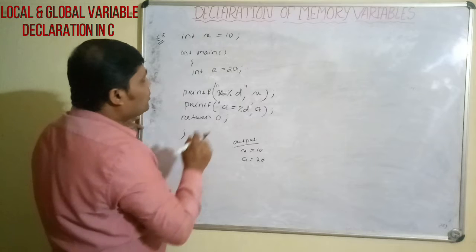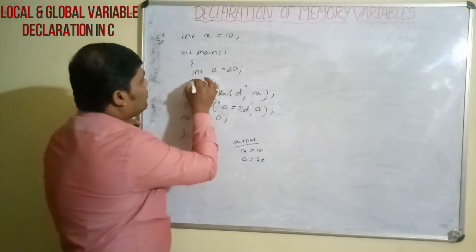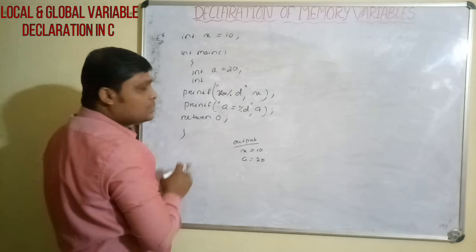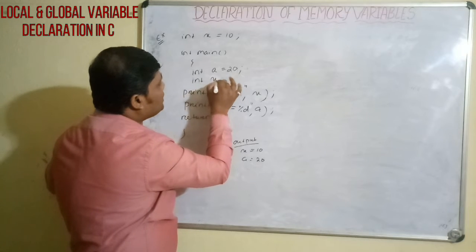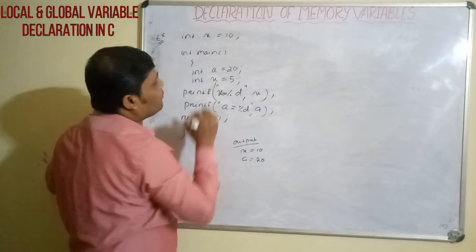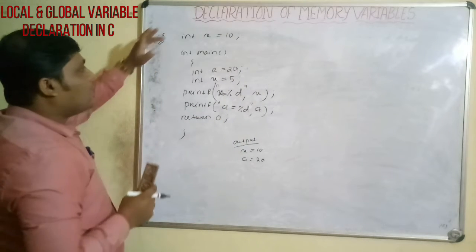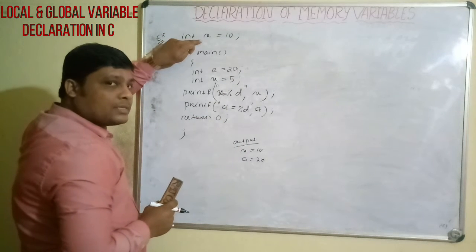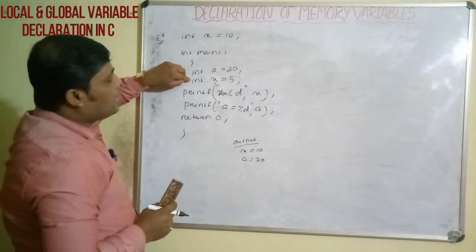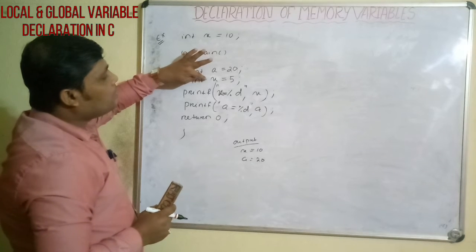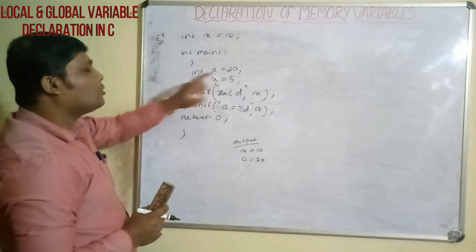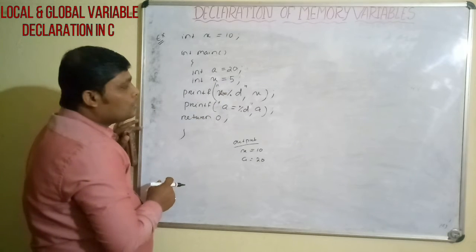Now see, suppose I am taking another local variable with the same name as the global variable. Suppose integer x equal to, suppose I am taking 5. Now see, I have declared one variable x as a global variable, and the same I am declaring as one local variable with the name x, and I am initializing it with 5.